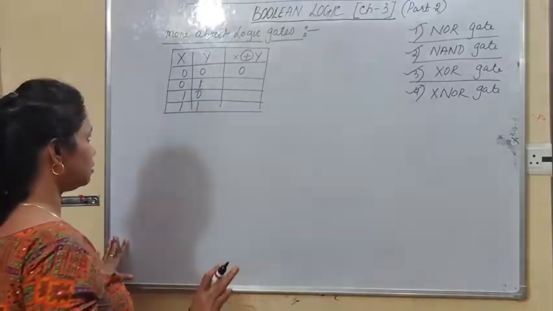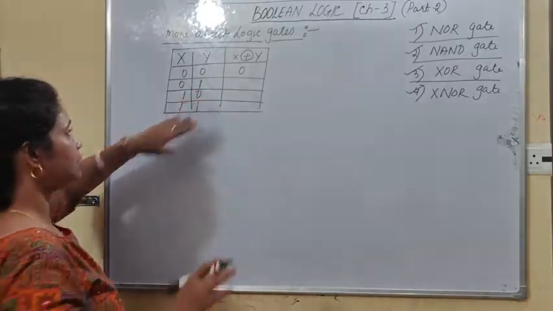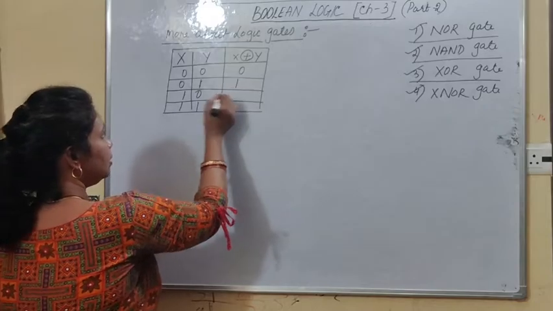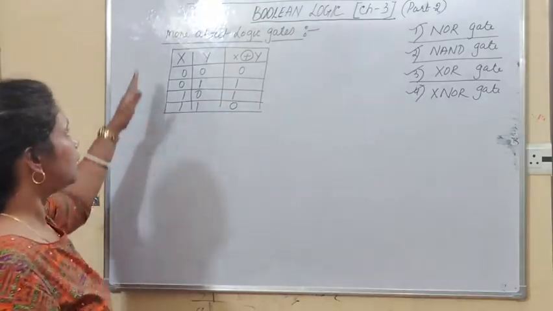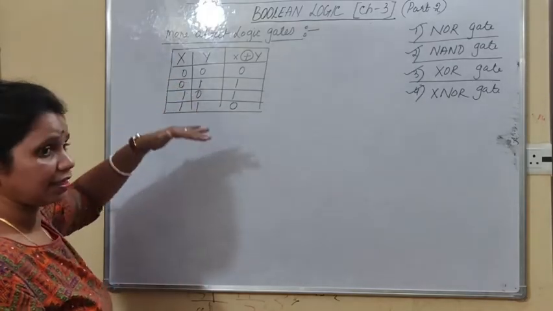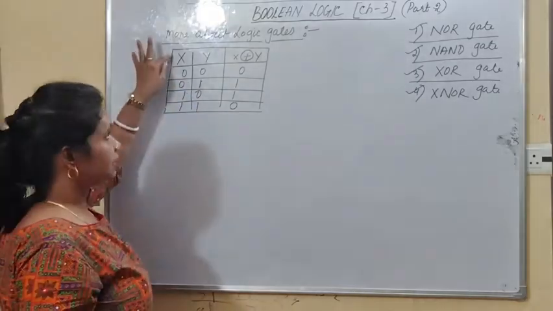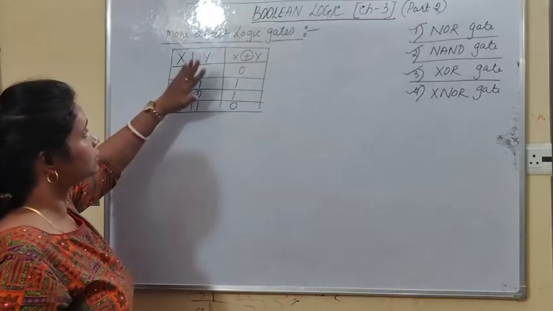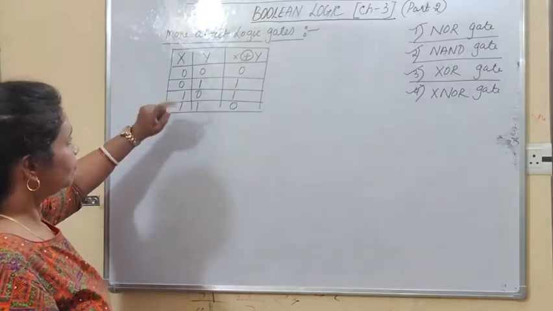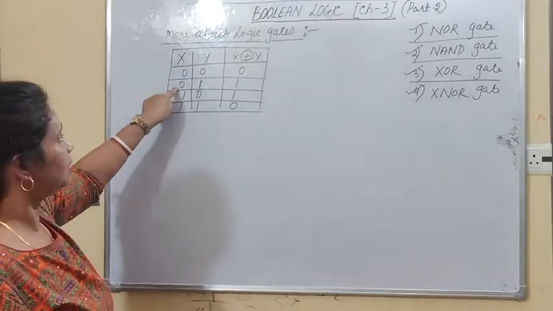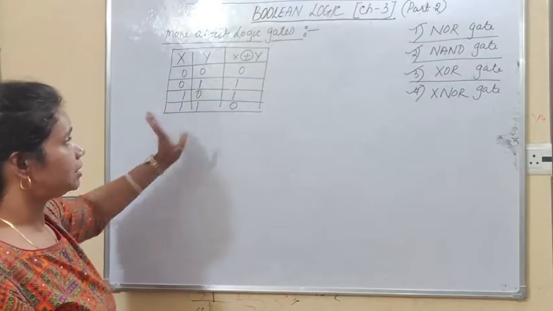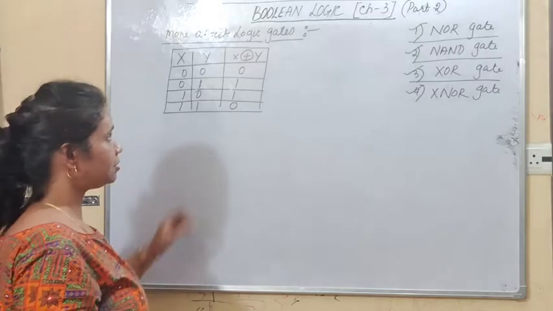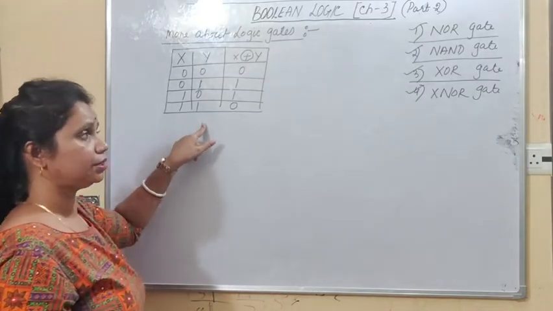Similarly, 0 exclusive OR 1 gives 1, 1 exclusive OR 0 gives 1, and 1 exclusive OR 1 gives 0. Right, students? So, what does exclusive OR gate say? Exclusive OR gate says, if the input combination has an odd number of ones, then your output is 1. Otherwise, your output is 0. Right, students? So, this is the truth table of exclusive OR gate.